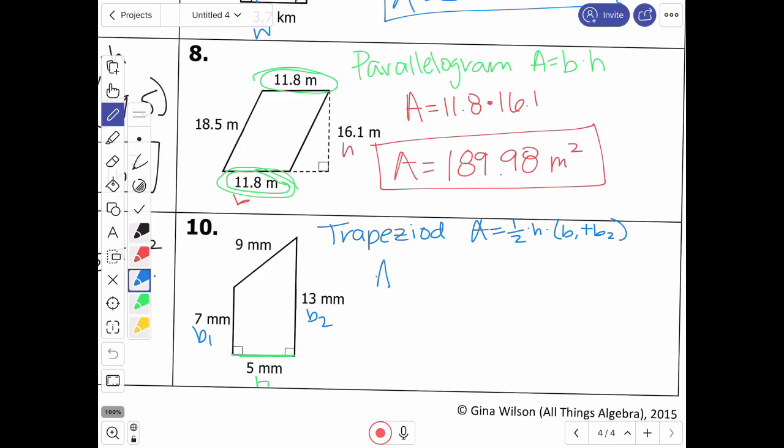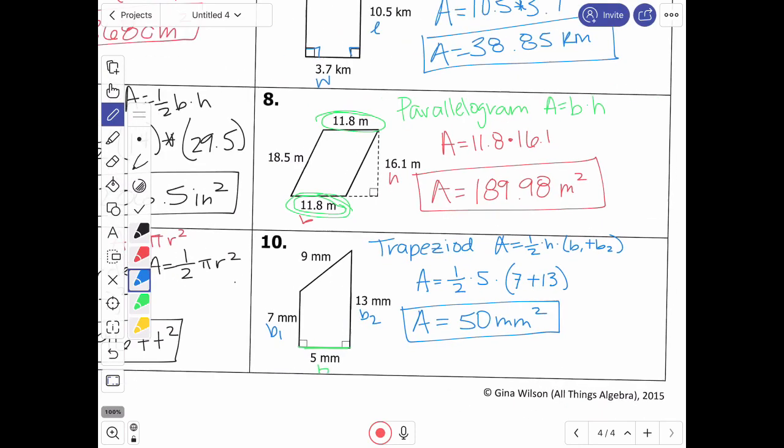So area equals 1/2 times 5 times, and then you're going to have 7 plus 13. Okay? And, of course, you're going to add 7 plus 13 first, then multiply to get 50 millimeters squared.